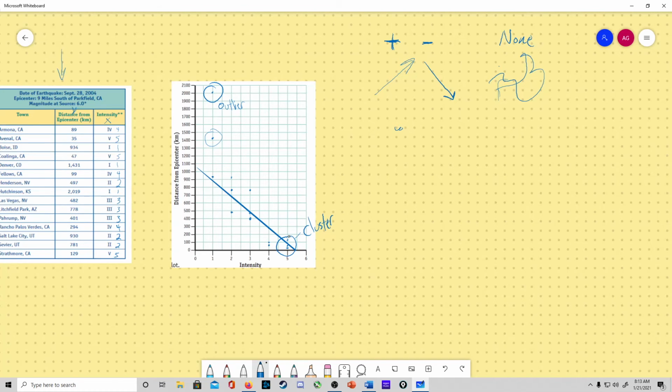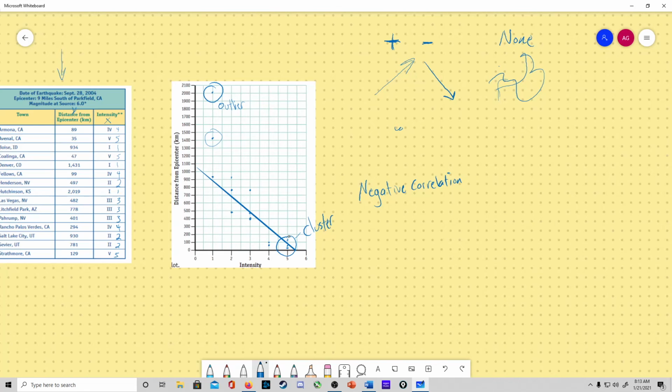So this is how you would create a graph, show a line of best fit, and describe the trend. So this would have negative correlation, which means as you get closer, so as the distance is smaller, your intensity is higher. Okay. And we could show a couple outliers.